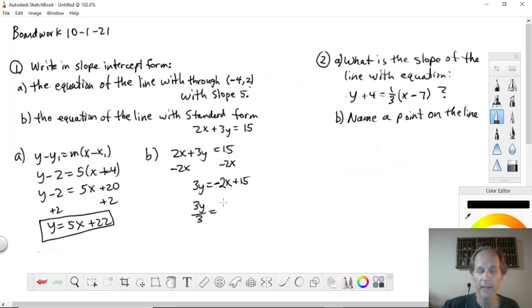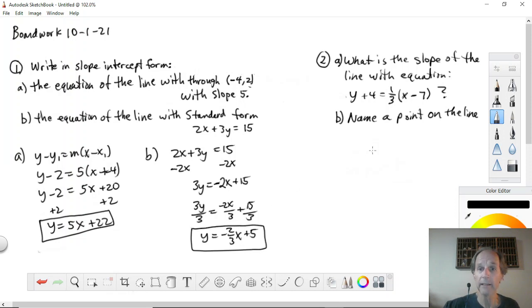So that means when we get to the right-hand side of this equation, we divide each term by 3. And that gives us y equals negative 2/3 x plus 15/3, which is 5. Okay. So that's that one.